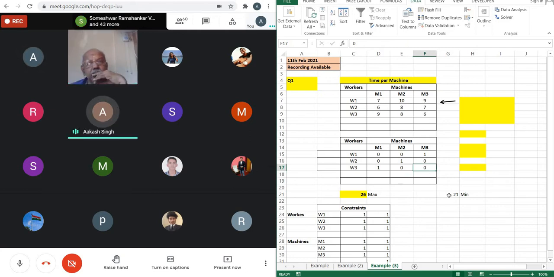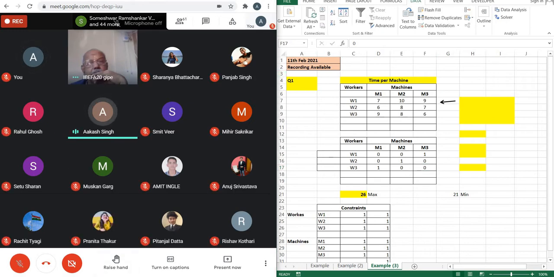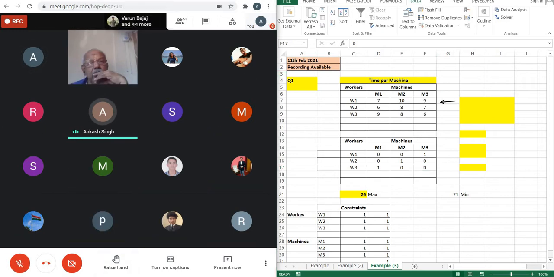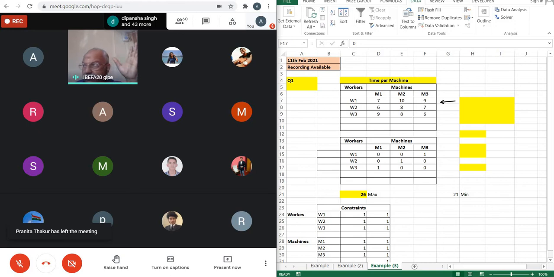So for minimum, worker 1 will go to machine 1, 2 to machine 2, and 3 to machine 3. Yes. Those who have completed, start second question. I can wait for others also. Verify the answer 21 and 26 and then go for example 2.